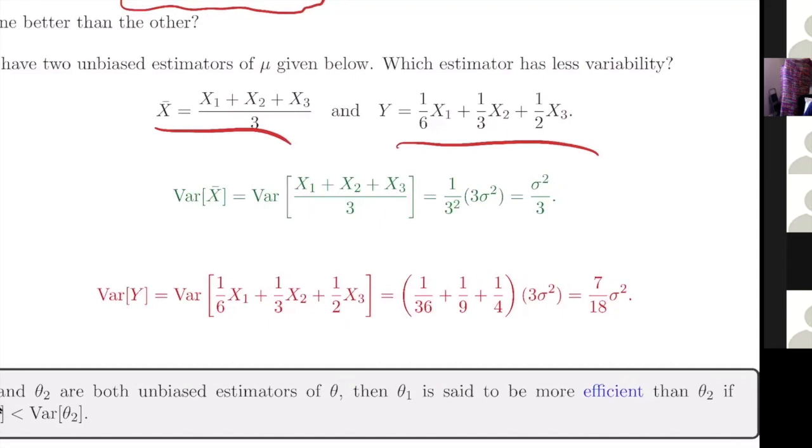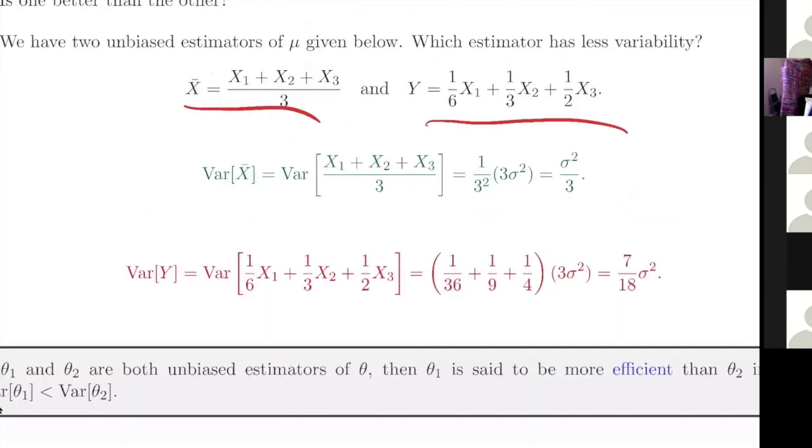So I could calculate the variance of this estimator by taking the variance of (X1 + X2 + X3) all divided by 3. And just recall that with variance, when we pull out constants, they get squared.